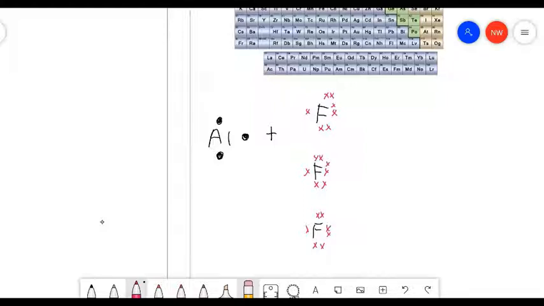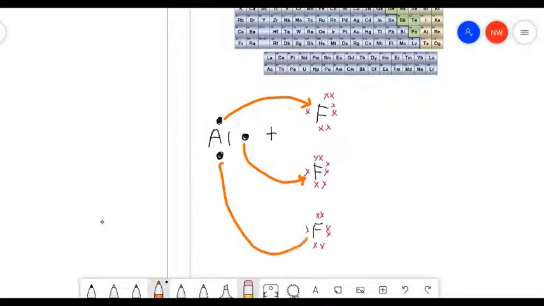Okay, so now each of these fluorine atom akan menerima 1 elektron daripada aluminium. So, 1 elektron pergi ke sini, another elektron pergi ke position yang ini, another elektron pergi kepada unpaired elektron di situ. Kita akan produce.